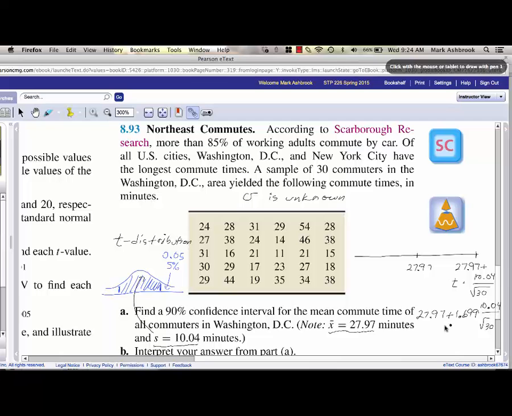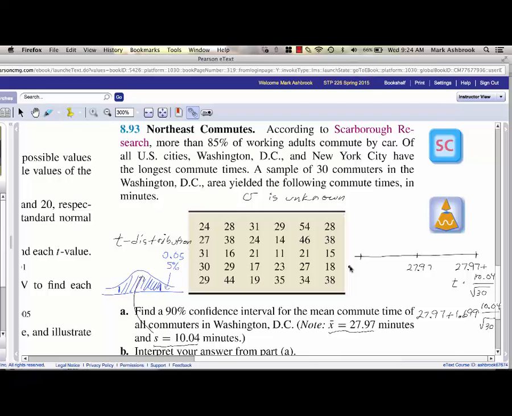And then for the lower bound, okay, the lower bound will be, just like before, the mean minus 1.699 times 10.04 divided by square root of 30. That will give us the lower bound.